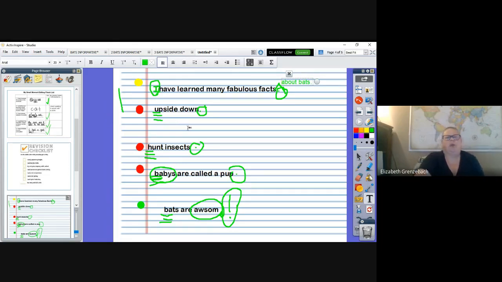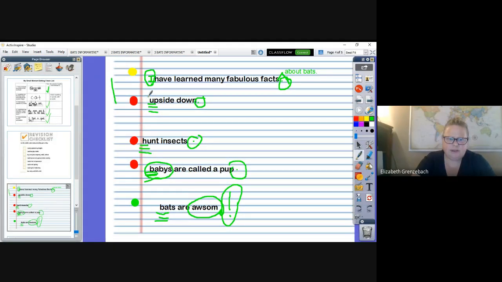Next one, upside down. That doesn't make any sense. Does it mean that I am upside down? What am I trying to tell the reader? I'm trying to tell the reader that bats hang upside down, right? So let's add it, put a little caret, upside down V here, and then we'll write bats.